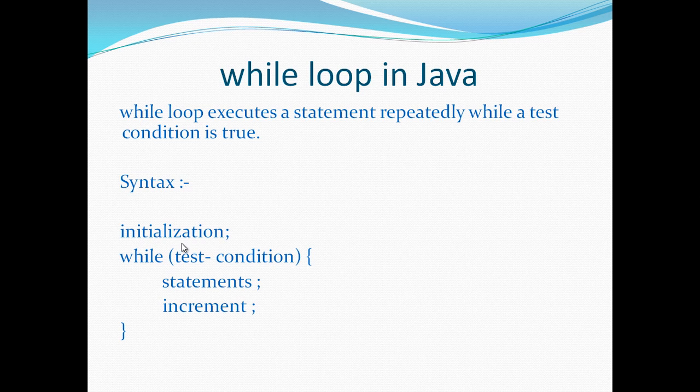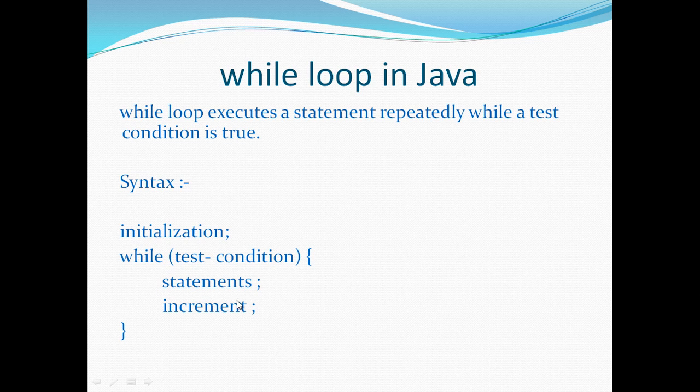This variable generally controls the number of times our while loop will be executed. So we initialize our loop control variable here, and in the while loop, between the parentheses, the test condition, which is a simple boolean expression, gets evaluated, and if it comes out to be true then the statement in the body of the while loop gets executed.